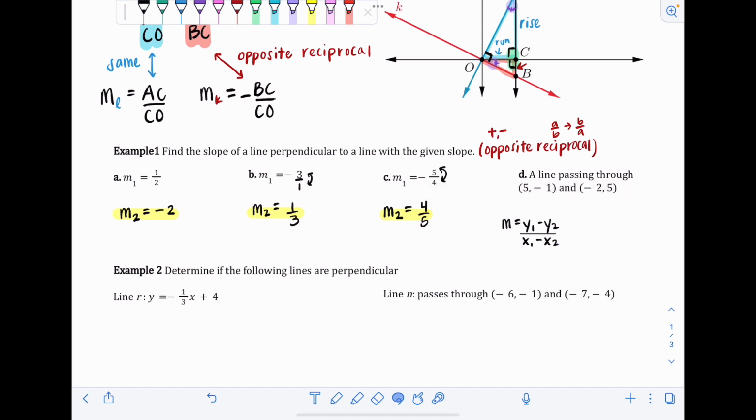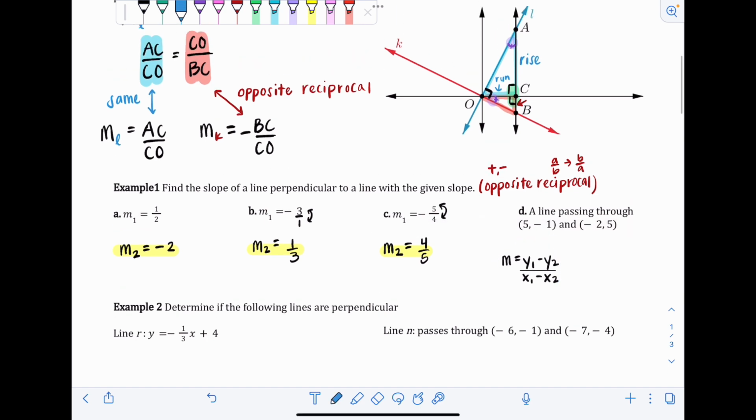I'm going to say this is my 1 and this is my 2, so this will be x1, y1, x2, y2. We'll put -1 in for y1 and 5 in for y2, and then 5 in for x1 and -2 in for x2.